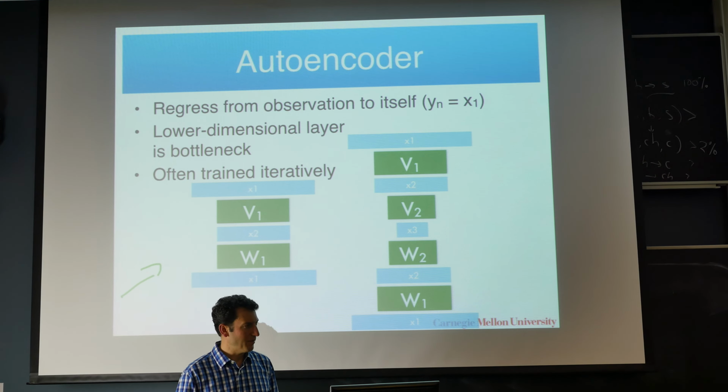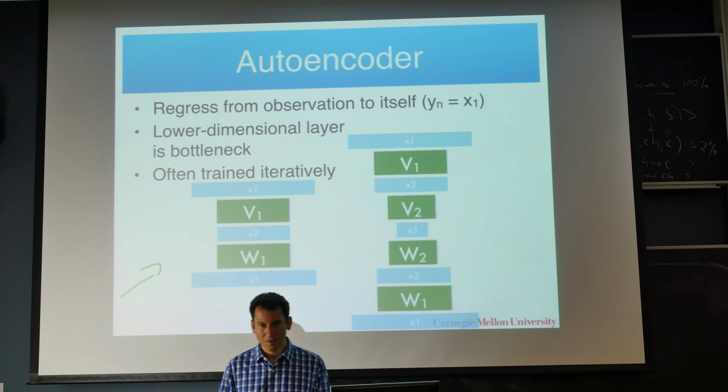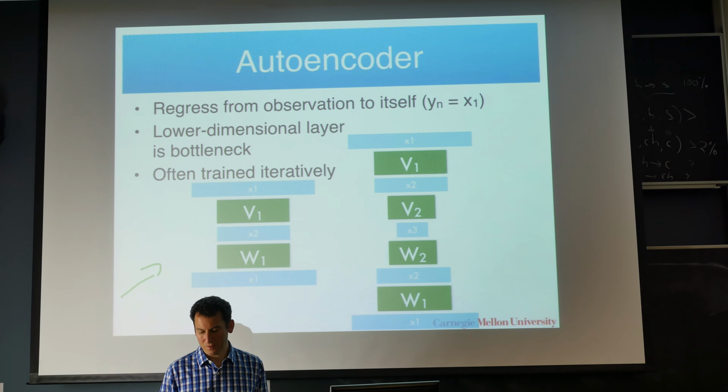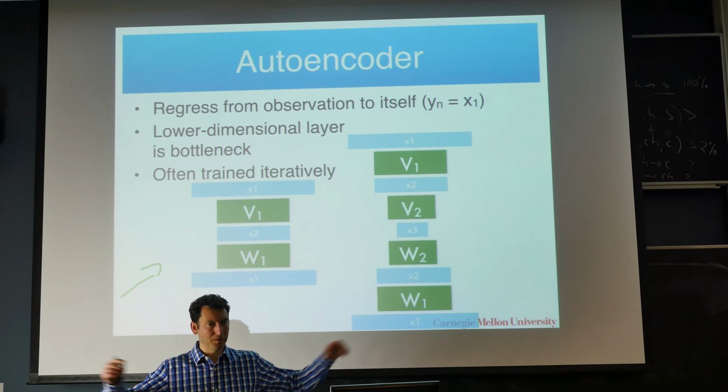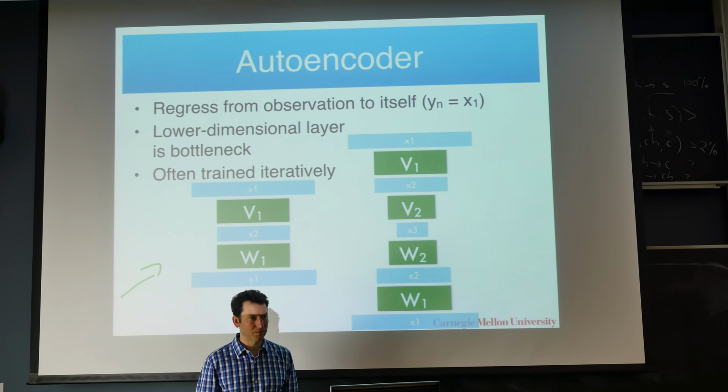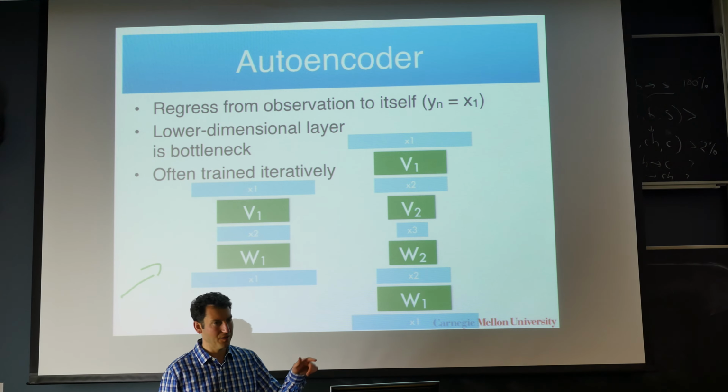But since you may only have a limited amount of nonlinearities, maybe 2 layers are better than 1. So what I could try is to reduce this further, and I go from x1 to x2 to x3, and then I unfold again. And this thing is called an autoencoder, because it tries to encode itself.